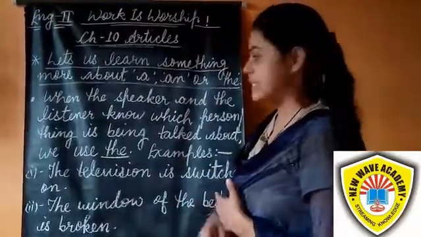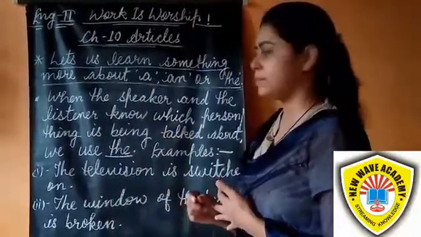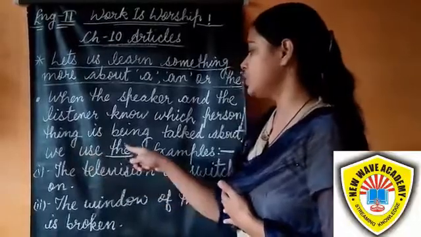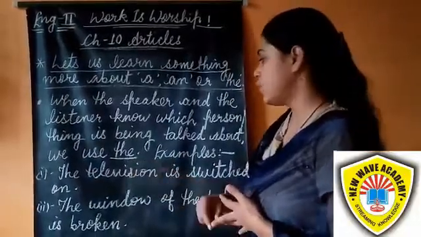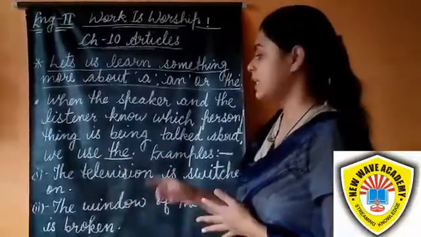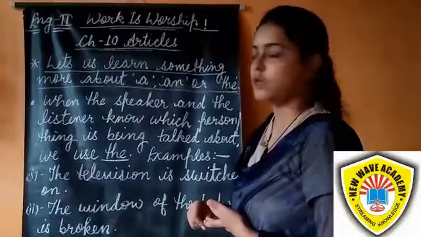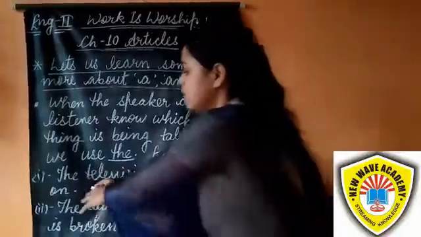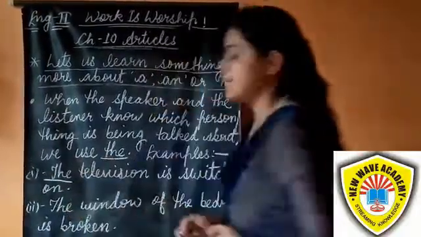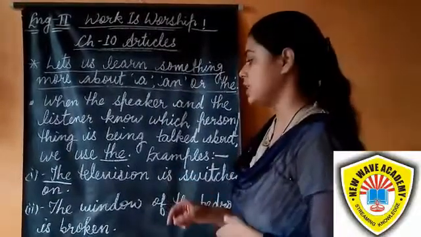When the speaker and the listener know which person or thing is being talked about, then we use the article the. For example, the television is switched on. Here it is clear which television we are talking about.